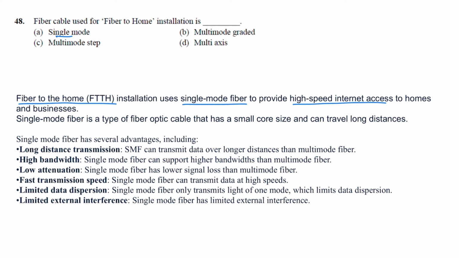Single mode fiber is a type of optical fiber cable that has a small core size and the signal can travel for longer distances. Single mode fiber has several advantages: long distance transmission, high bandwidth, low attenuation, fast transmission speed, limited data dispersion, and limited external interference. Correct option is A.